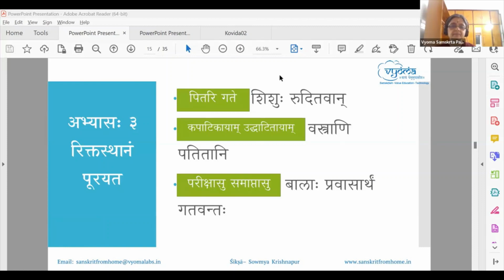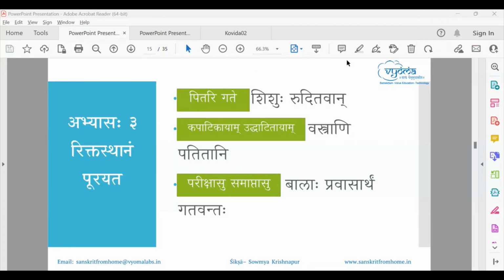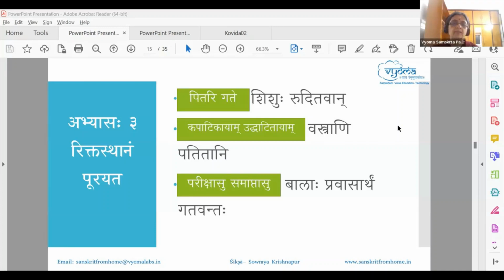Parikshasu samaptasu balaha pravasartham gatavantaha. Yada pariksha samapta, tada balaha. Here it is in Bahuvachana: parikshaha samaptaha.